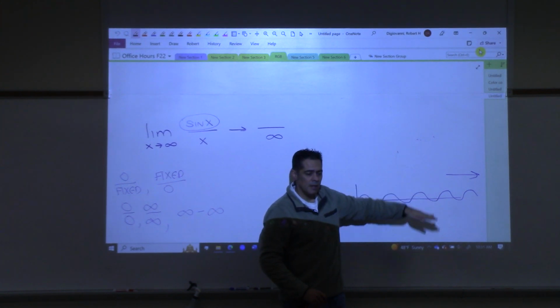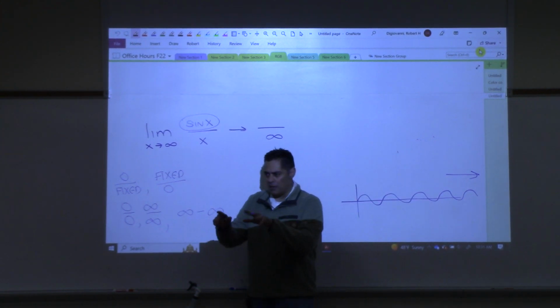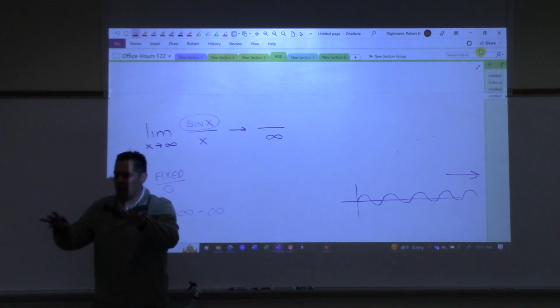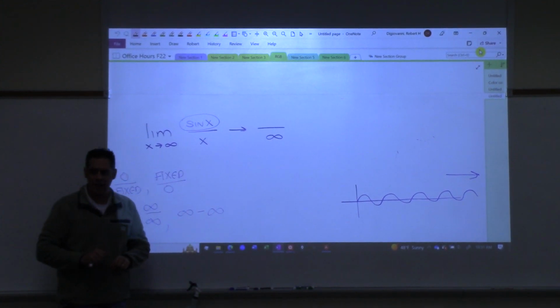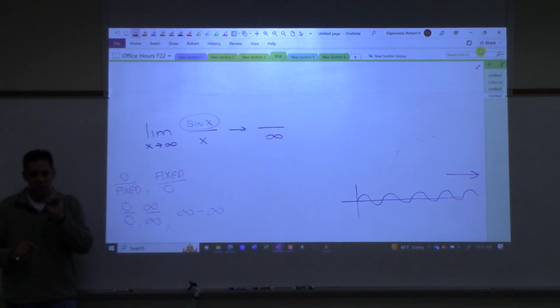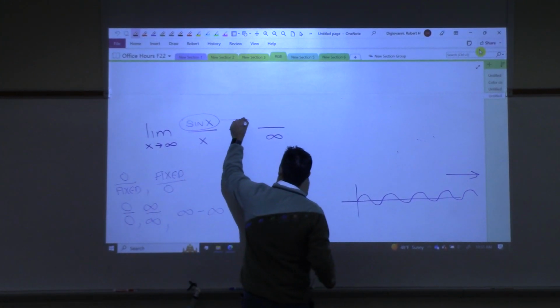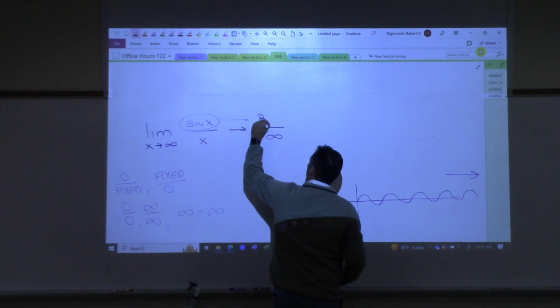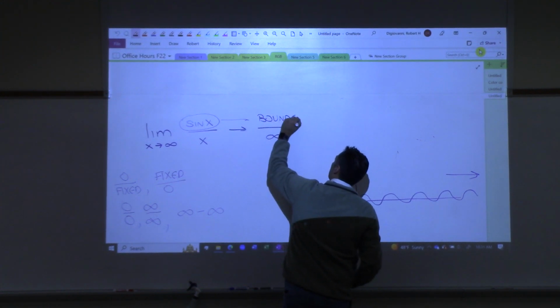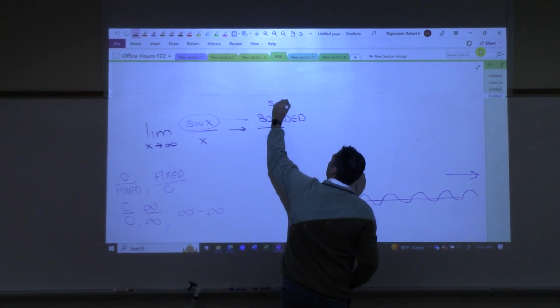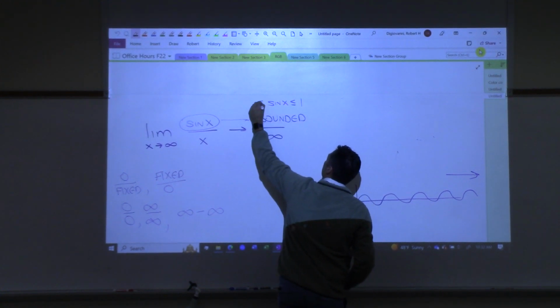So what that little cheat sheet is saying is that everywhere on that sheet that you see the word fixed, you could replace that with a bounded function and everything still holds. So for our sheet of paper, we are considering this to be bounded. What I mean is that sine of x is always between -1 and 1.